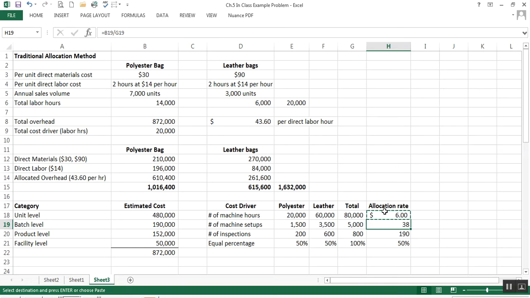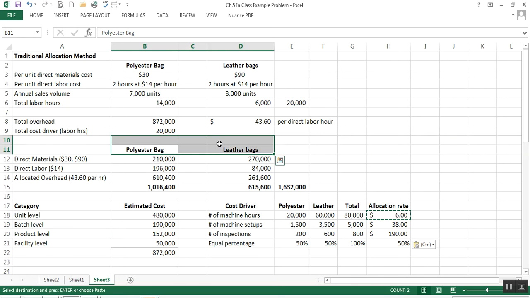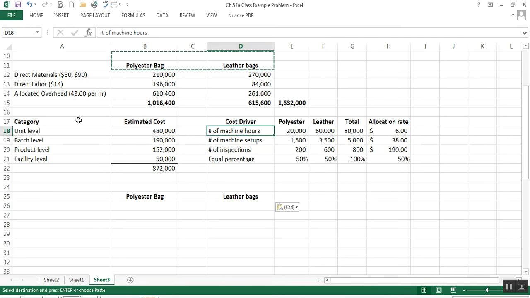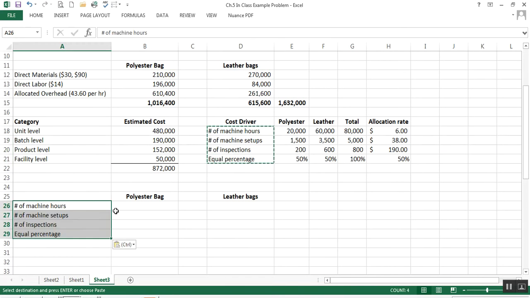So, what do we do with these different rates now? Now we allocate our costs. Okay, so we have our 2 different bags, and we have our different activities. So I'm actually going to put the cost driver here, and this is our total overhead allocation.